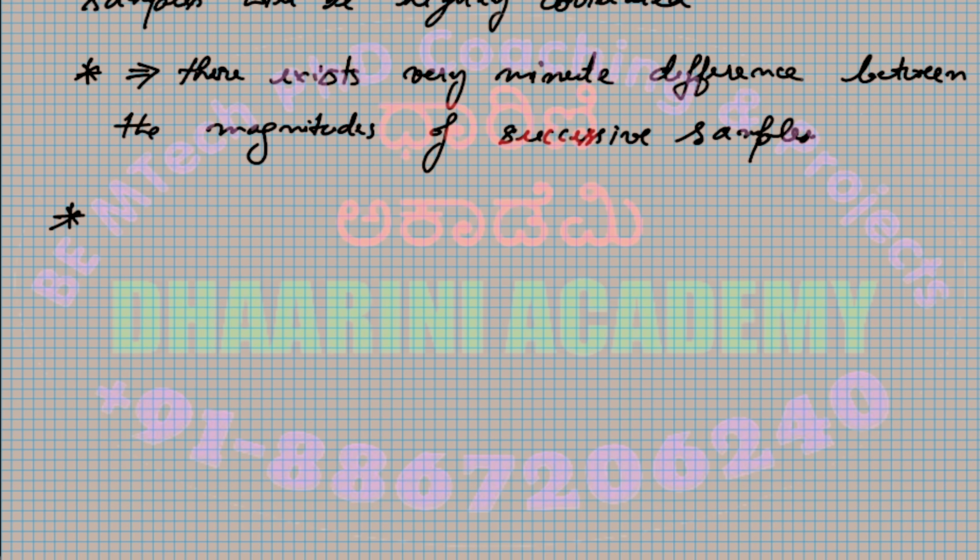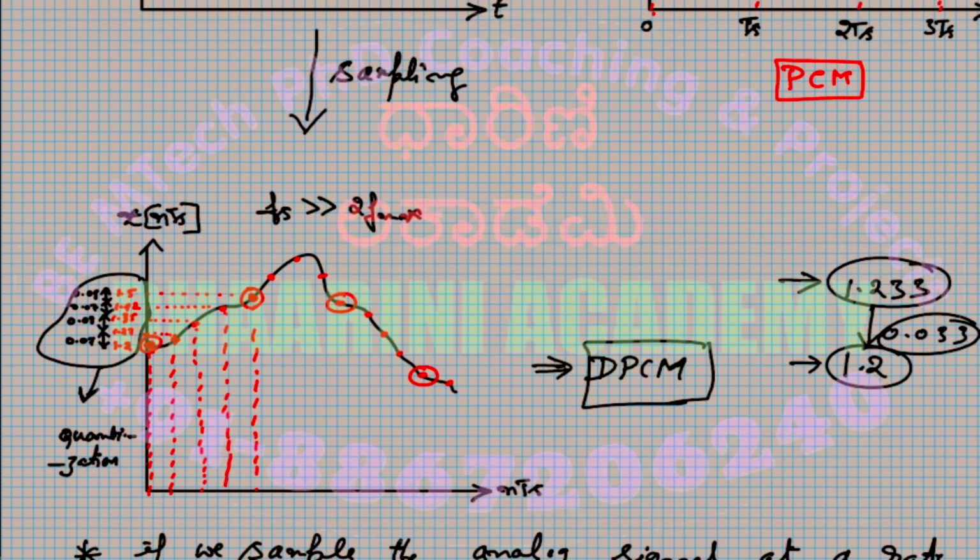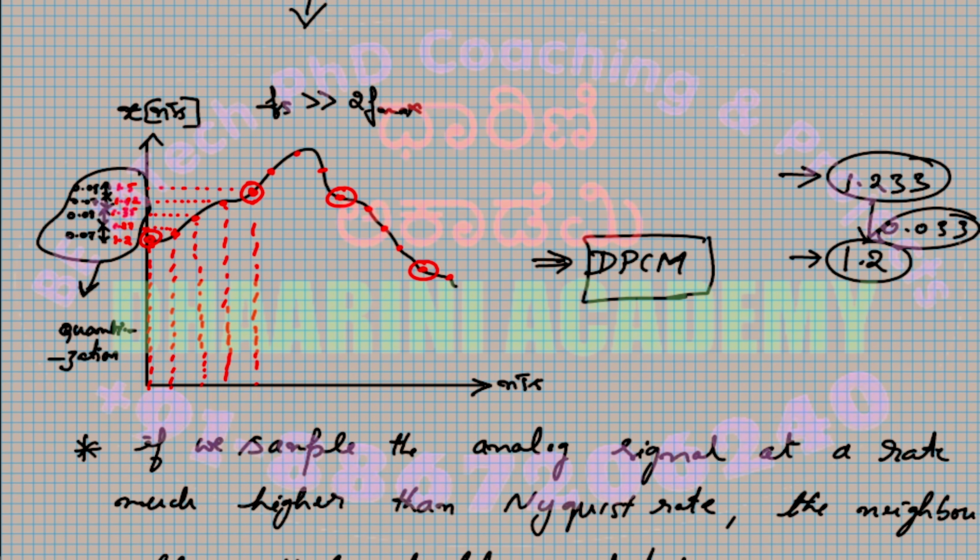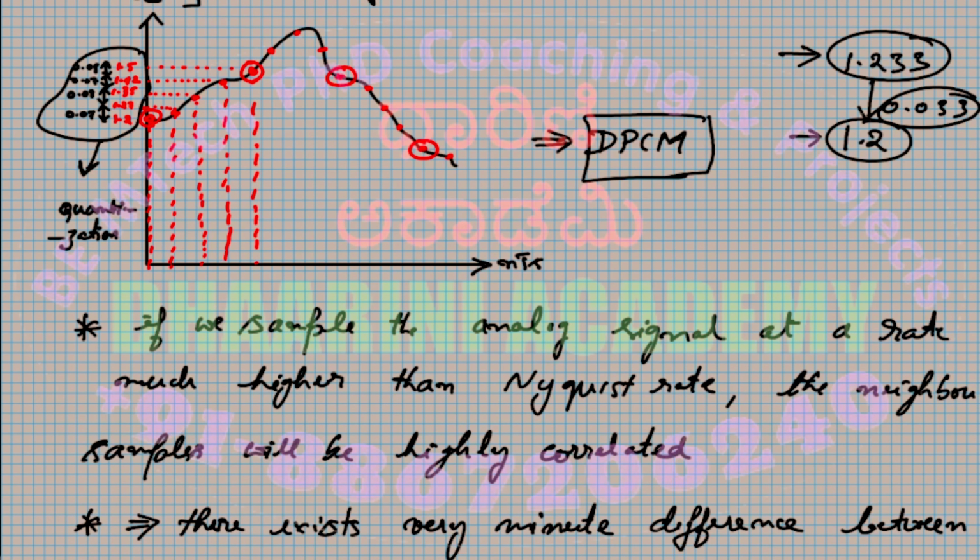If you try to encode every sample as it is, like 1.27, 1.2, 1.35, and you want to save or transmit, it's obvious that I don't need all that data to be sent, because from 1.2 you only send 0.07, it's understood that my next value is 1.27, correct?